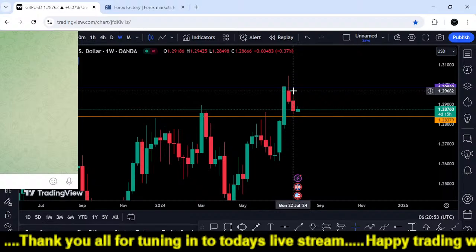So you always have to obey your trading plan and take your profits where you planned to. On the daily time frame, you have a resistance over here, so daily is a downtrend. When you move to the H4 time frame, the moment this point broke, it's in an uptrend now.